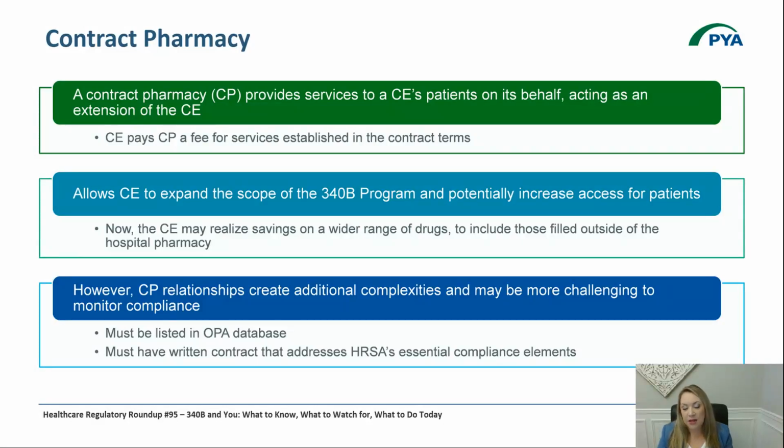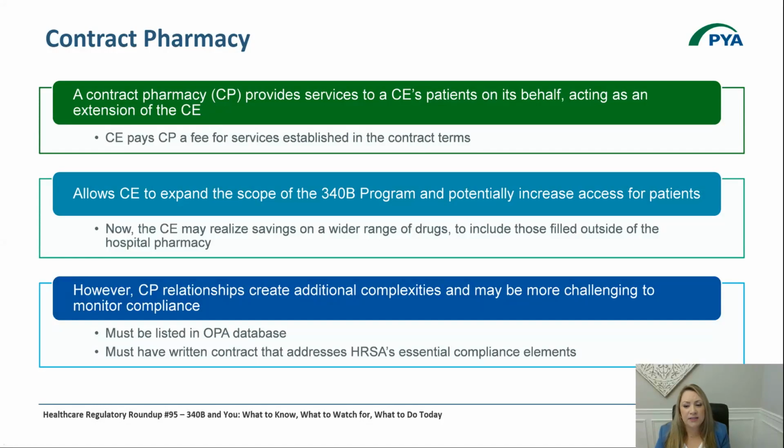There's also the ability for covered entities to establish contract pharmacy relationships. And when we think about contract pharmacies, it's the big names that you are familiar with, the Walmart, the Rite Aid, the Walgreens, CVS, as well as oftentimes covered entities will leverage relationships with maybe some local pharmacies if they see that a lot of their patients are using local pharmacies that are near the hospital or in their community, near their place of work or their home.